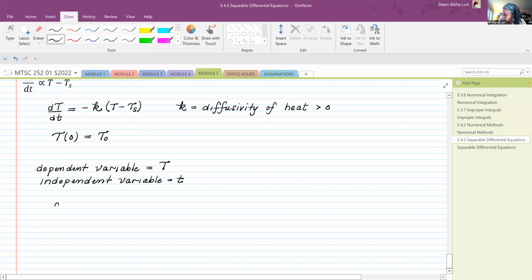So I'm going to get dT, and then I'm going to divide by T minus T_S. And I'm going to keep the negative k on this side, and I'm going to multiply by little dt. All right, you guys with me?